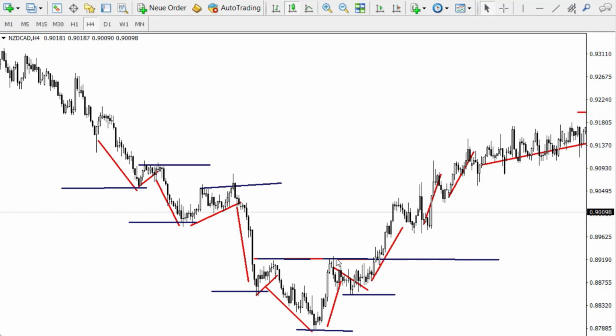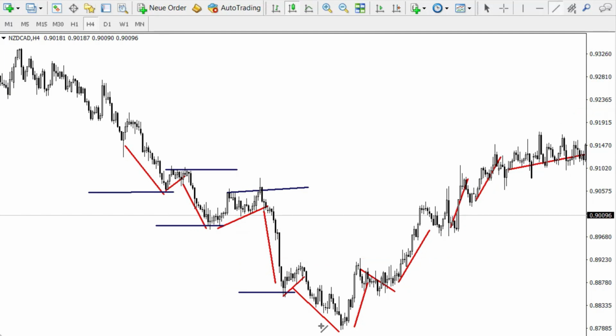And here, when we look at this area, let me get rid of the red one, and redraw them. So we have our swing low, we have a swing high here, then we have our first higher swing low. We don't know at this point that it is going to be a first higher swing low, because we need to wait until price is also making a swing high.